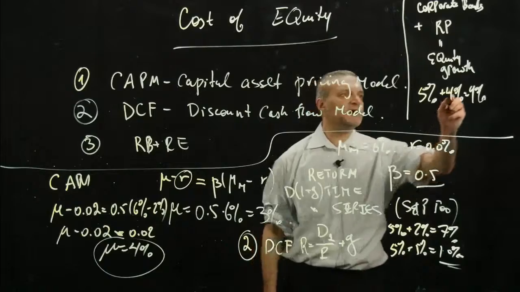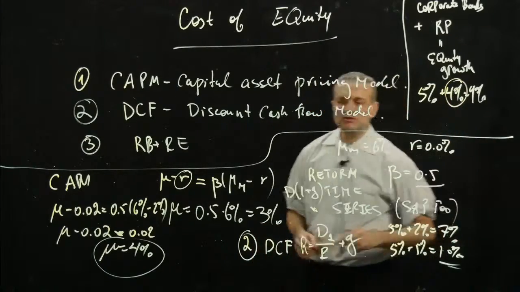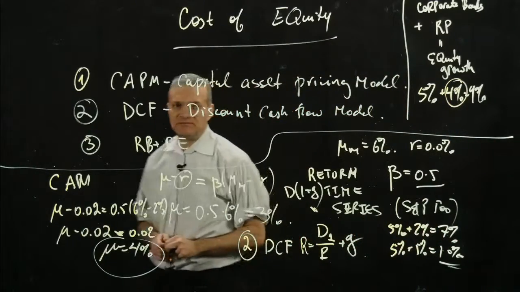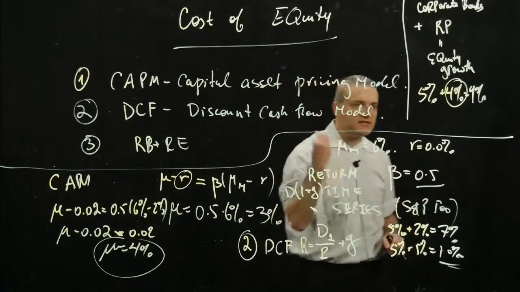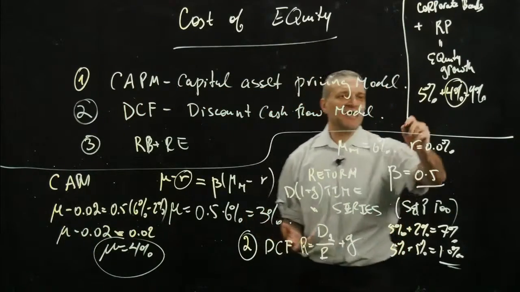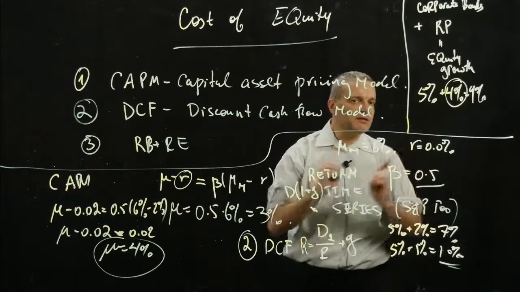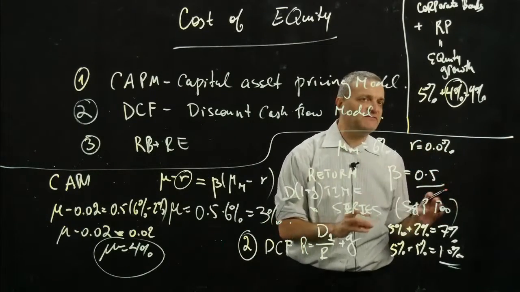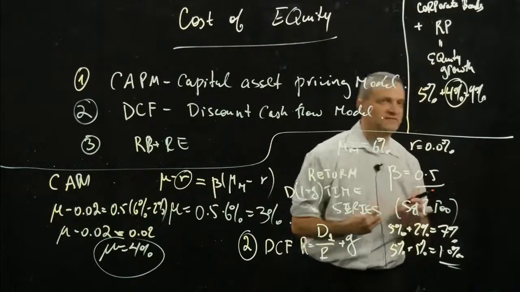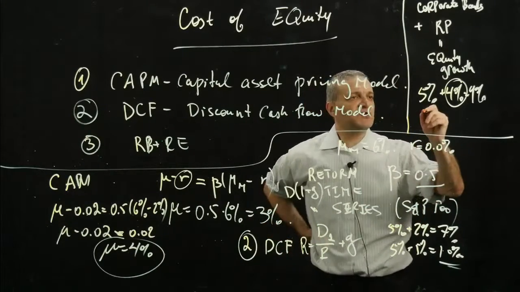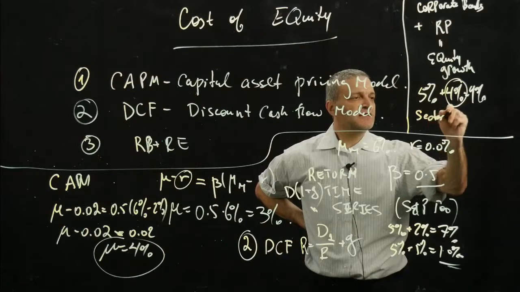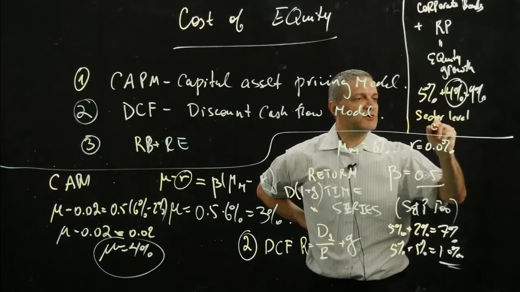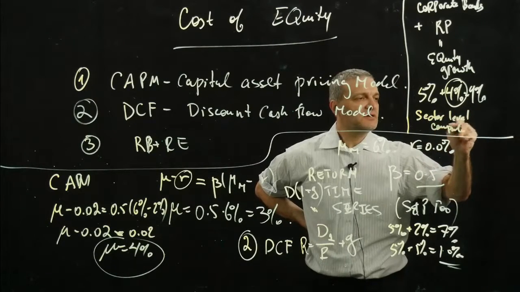Then the tricky part is to find your equity premium. So once again, what you want to think about is, what is the yield on my equity? You are doing this not on a company level, but more on a sector level. So if this is a high-tech company, you look at the sector level, say computers or technology.